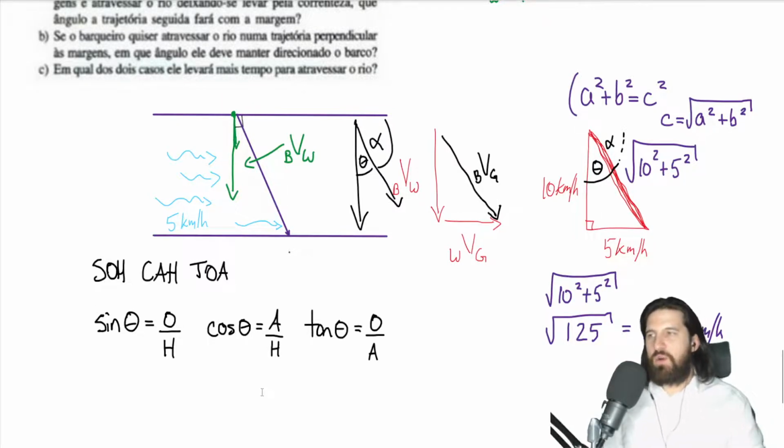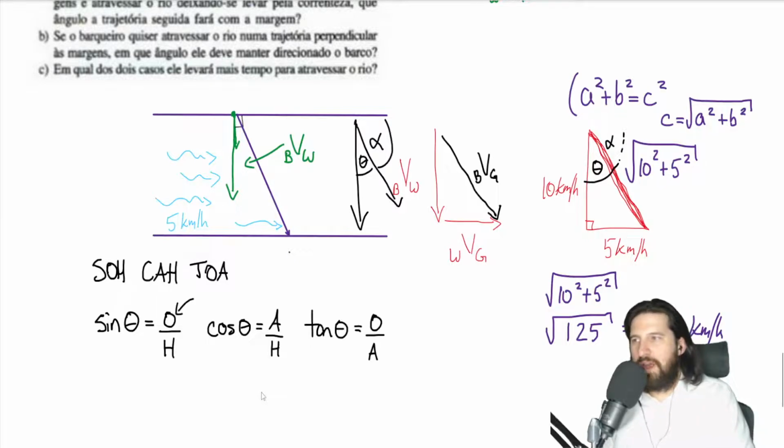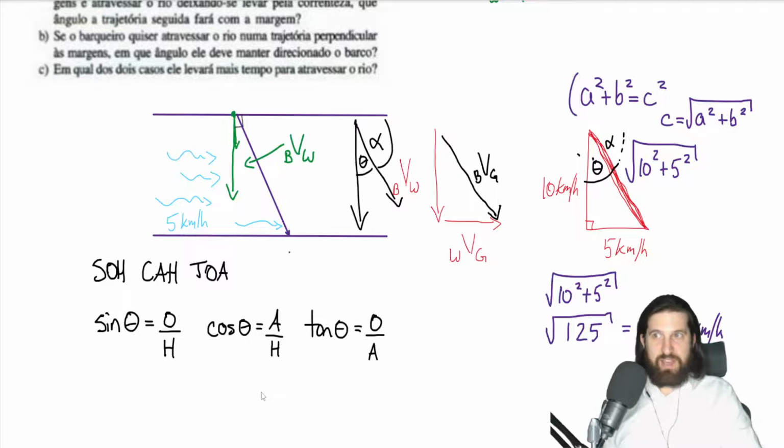Okay. So for us, it's opposite, hypotenuse, and adjacent. Those are our three options. Adjacent means next to it. So this one here is next to the angle, this one here is opposite the angle, and this one here is the hypotenuse. It's always the hypotenuse. We have the opposite and the adjacent.